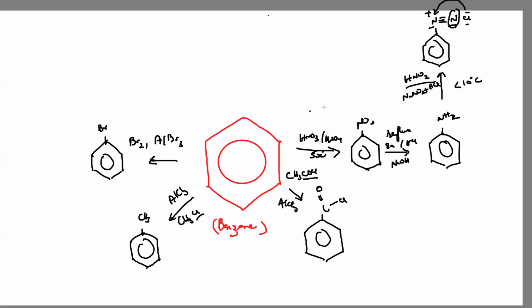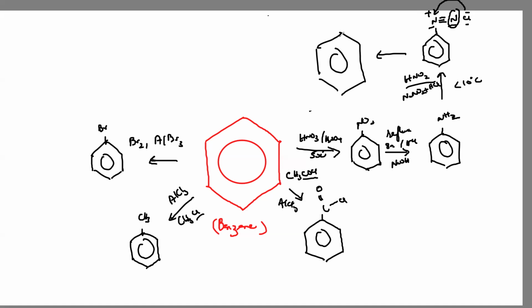Most of the dyes which are used for paints and the colors we use for clothes originate from this diazonium chloride or benzene diazonium. But if the temperature is high, more than 10 degrees, this diazonium compound will decompose.